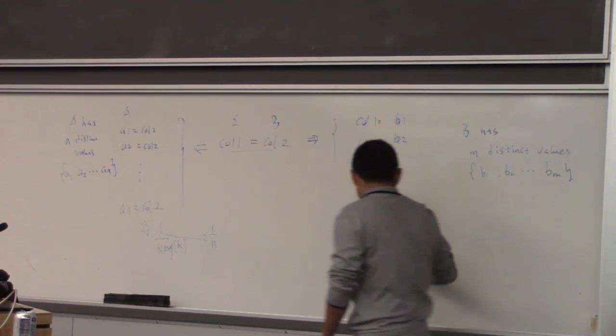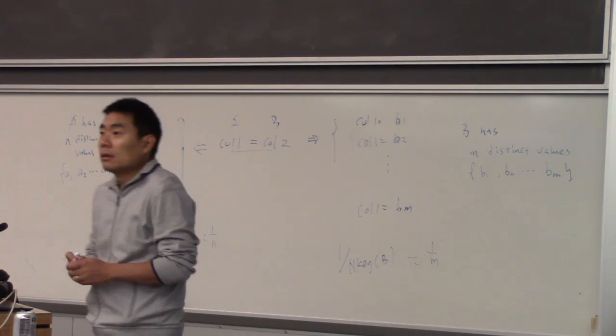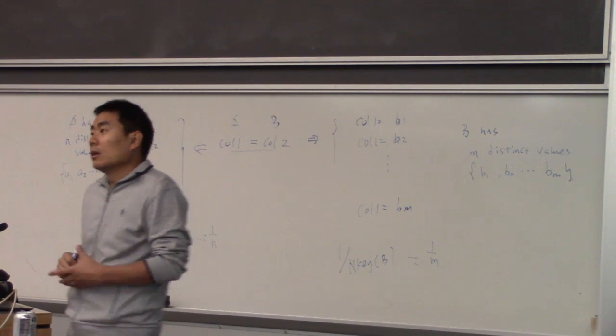And this is 1 over n. Okay? So which one should we take?